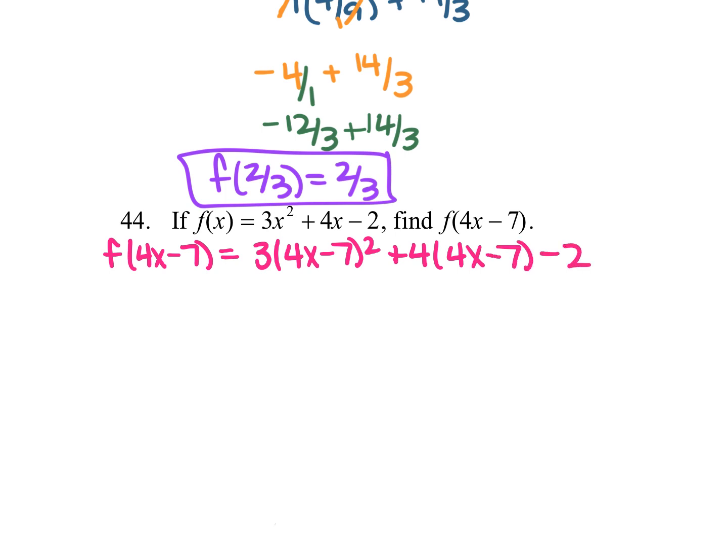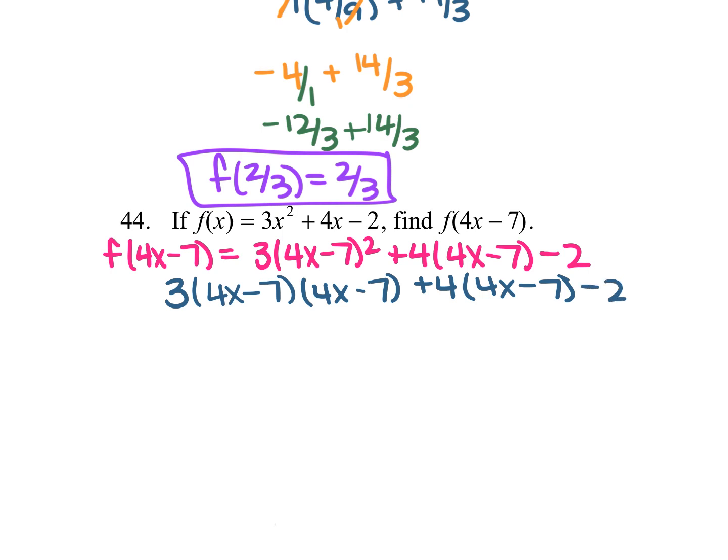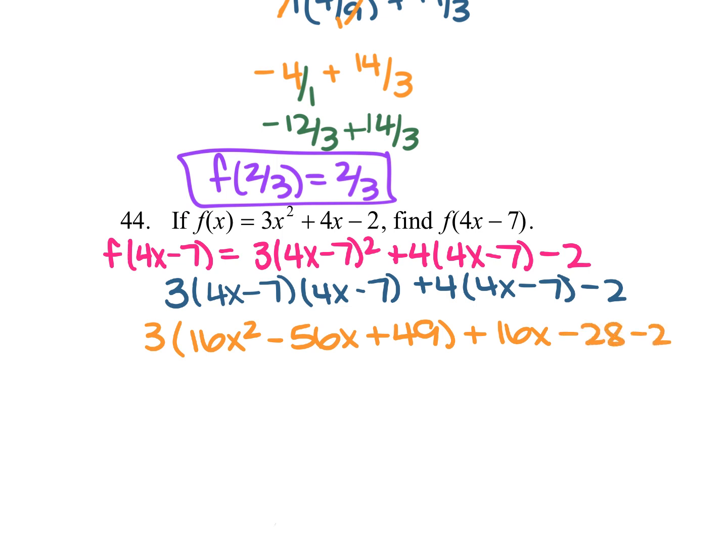We're going to separate the 4x minus 7 squared to be 3 times 4x minus 7 times 4x minus 7. From here, we're going to FOIL it out. So that's 3 times 16x squared minus 56x plus 49, plus 4 times 4x is 16x. 4 times negative 7 is negative 28, minus 2.